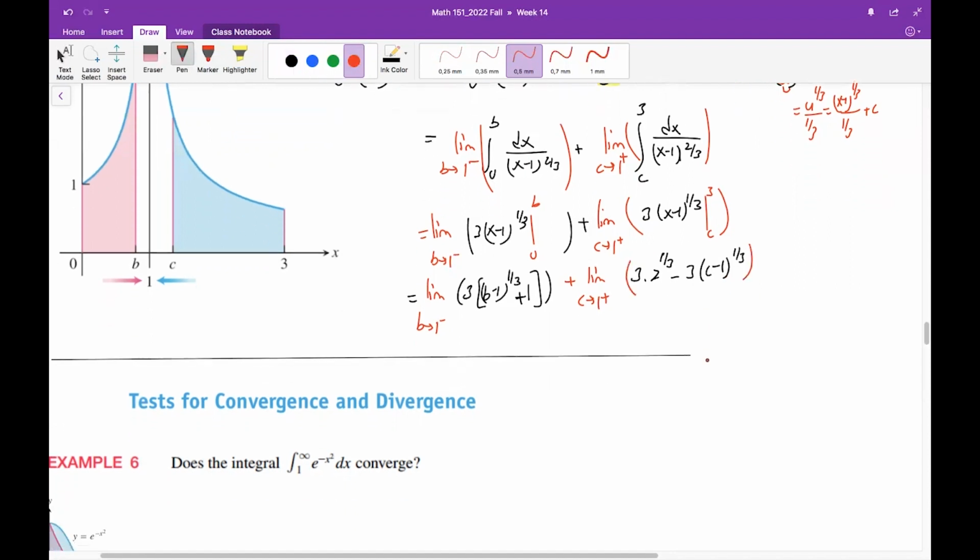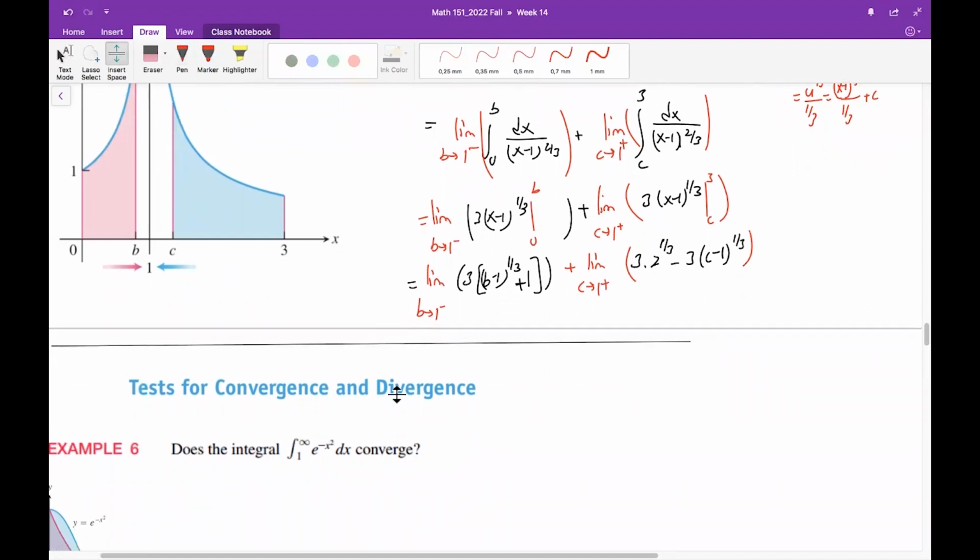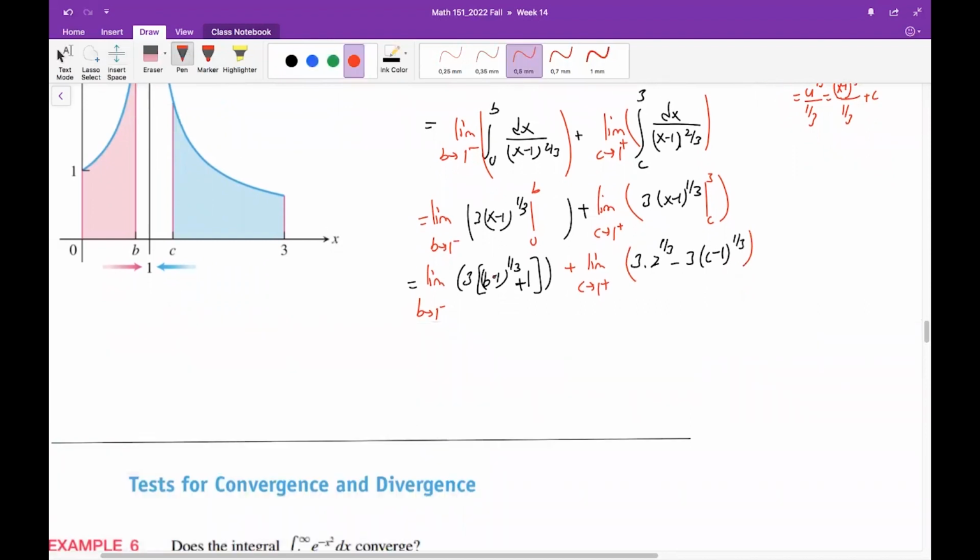Okay, so now let's look at the limiting case. b goes to 1, then this part goes to 0, right? That's why the result of the first limit is 3. And when c goes to 1, this part goes to 0. And the result of the second limit is this number here, right? Plus 3 times 2 to the power 1/3.